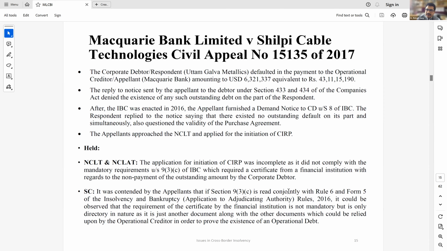In that case, there was the Raja of Vizianagaram, there was a company, and the company had huge assets in India. The assets were realized, and the creditors were paid in full, 100%.